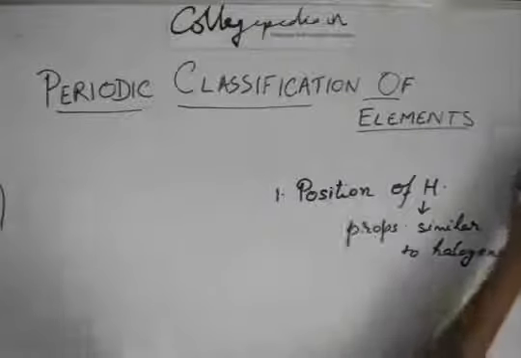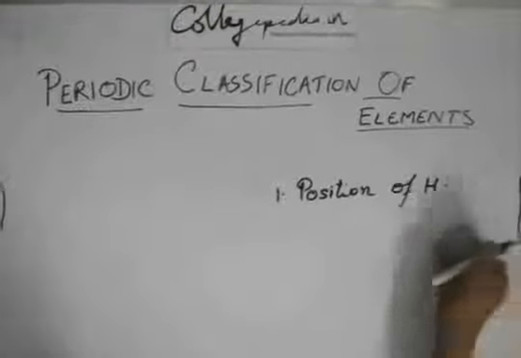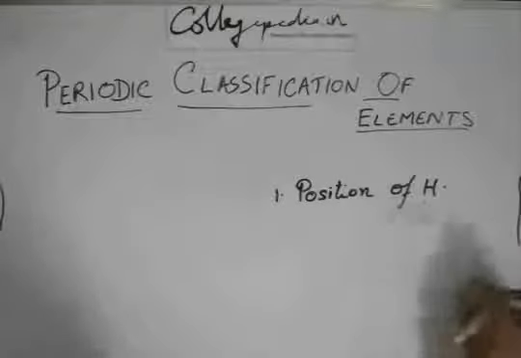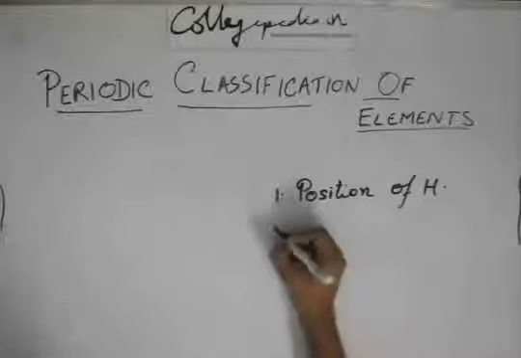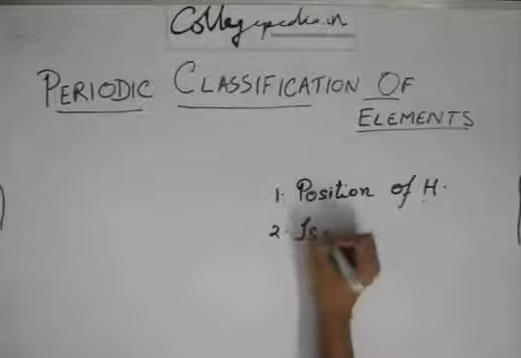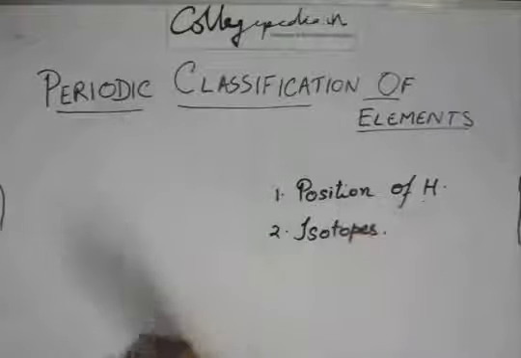The second disadvantage, so the first was the position of hydrogen, the second was the problem of isotopes. Now what are isotopes?